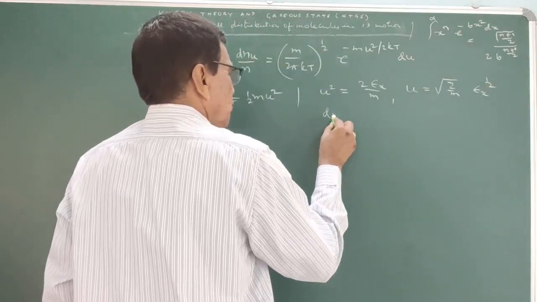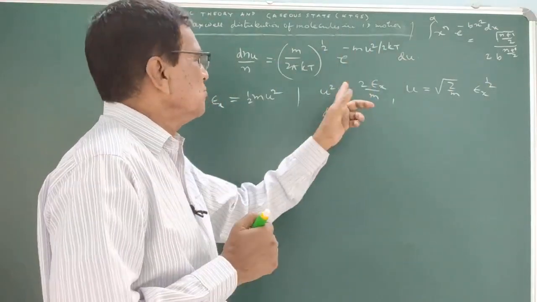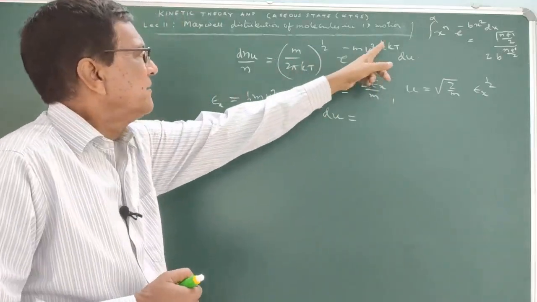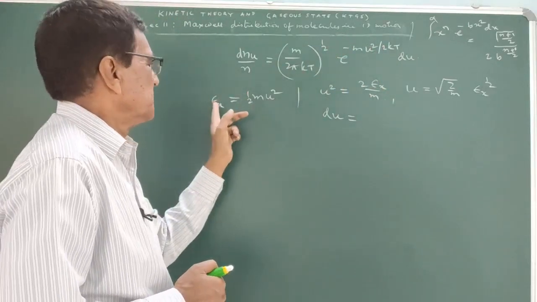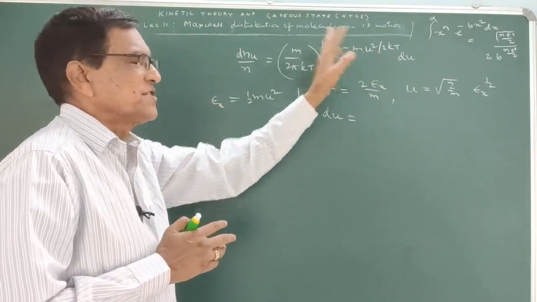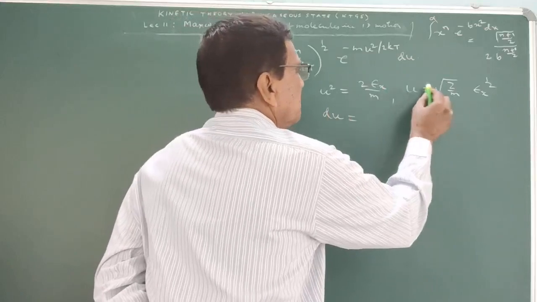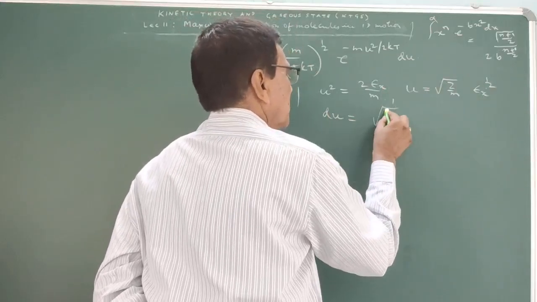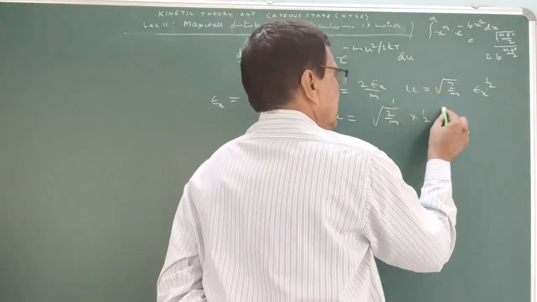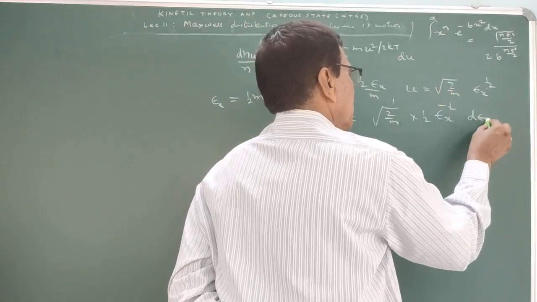So du, we shall have to replace this du and u square. u square equals this value, or half m u square equals epsilon x. It is not very much problem to substitute. And in this case, du equals root over of twice m into half into epsilon x to the power minus half into d epsilon x.